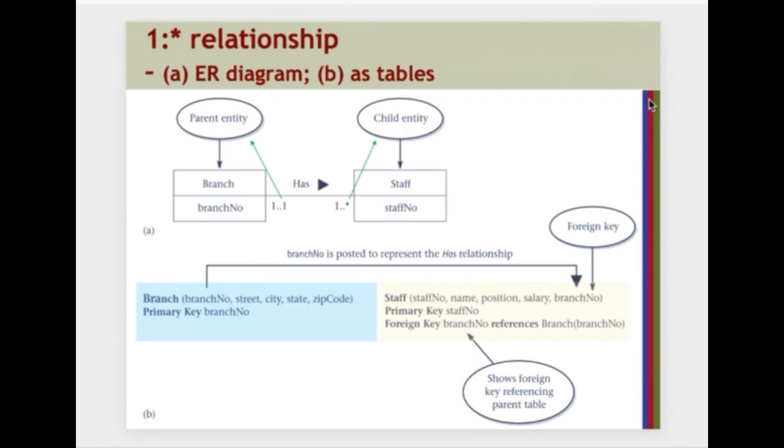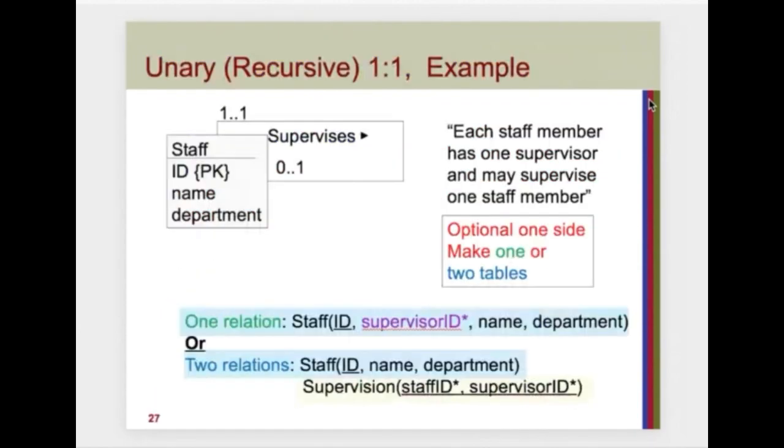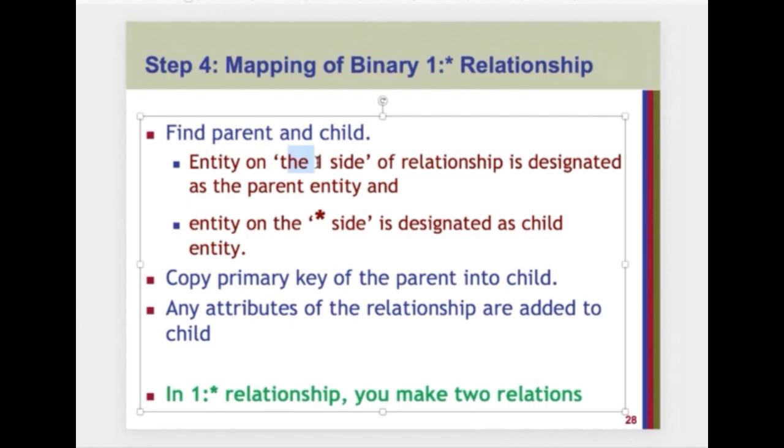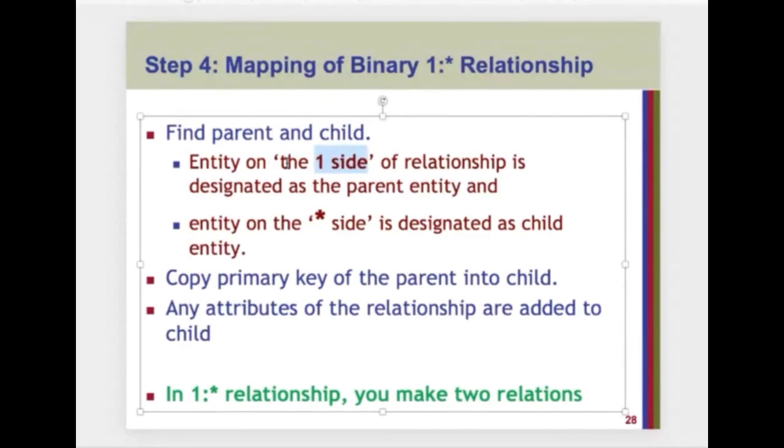This you should remember, that in one-to-one relationship, we were looking at minimum values. In one-to-star relationship, we are looking at maximum value. Essentially, don't worry, you will come to know that the side where there is 1, that will be the parent, and the side where there is a star, that will be your child side.